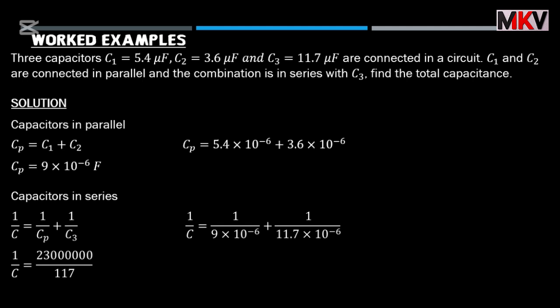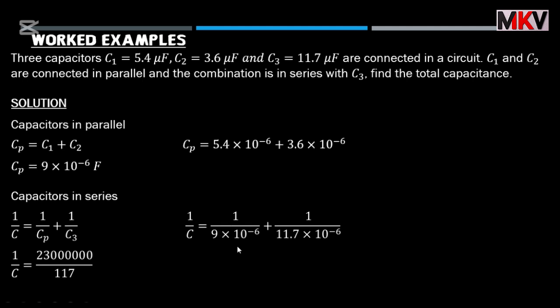After that, calculating the combination and C3 will give us the total capacitance in the circuit. So for capacitors in series, 1 over C equals 1 over Cp, which is the total, plus 1 over C3.